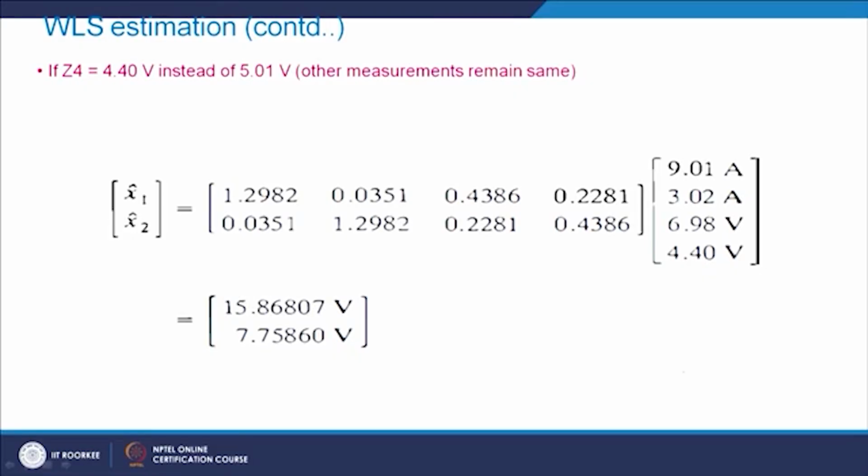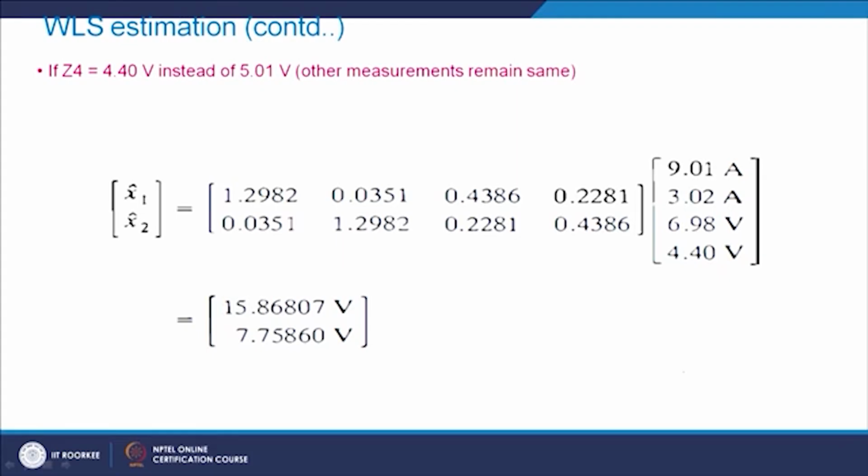Suppose for example, we take another set of measurement and for Z4, that is VB, we get 4.4 instead of 5.01.